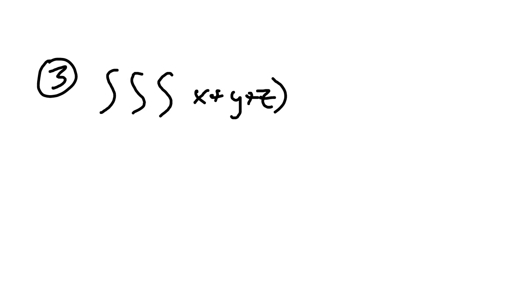Number 3. We've got the triple integral of x plus y plus z dz dy dx. And what we're doing is we've got a surface given by, I'm going to do different colors first. We'll do red first.